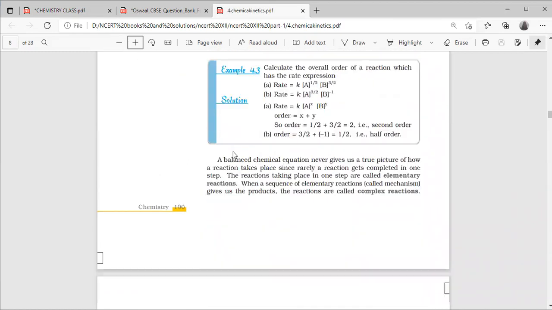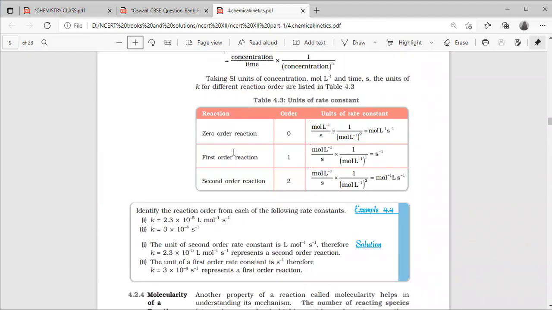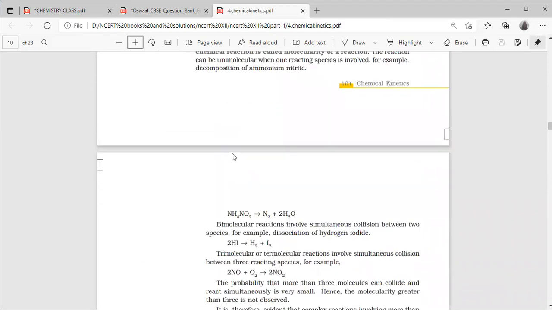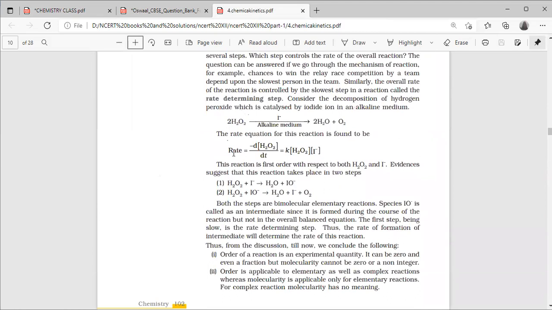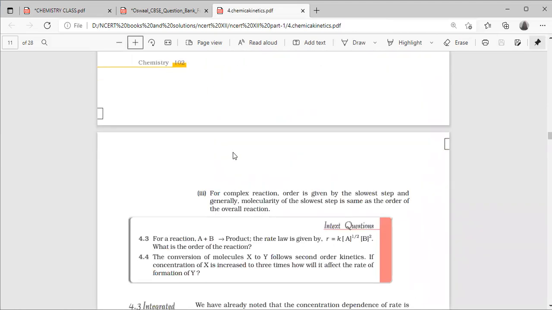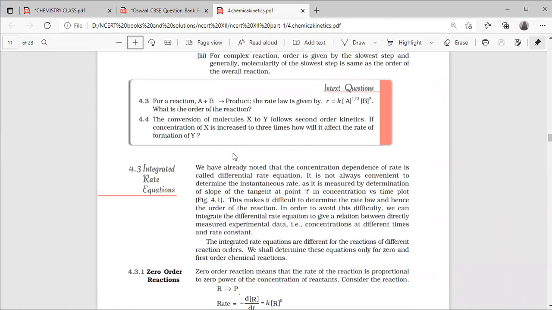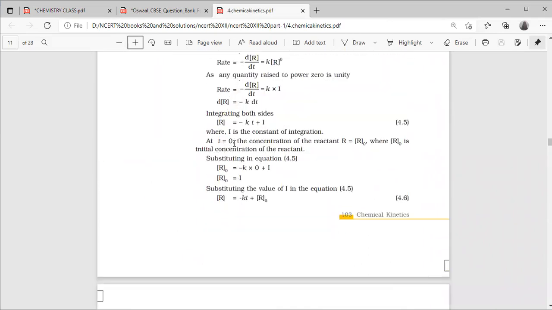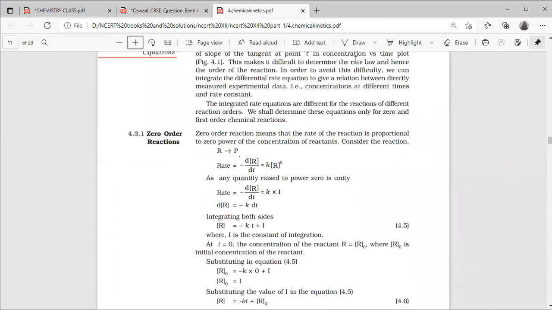Order of reaction is there. Zero order reaction is given in this. So even though there is less probability, generally they don't ask in the board exams.